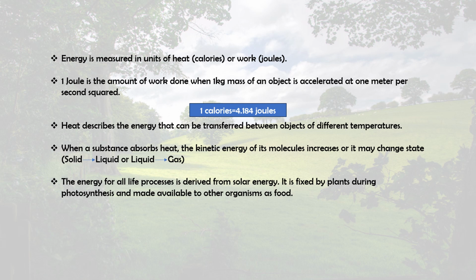And here, heat describes the energy that can be transferred between objects of different temperatures. In ecosystem ecology, we value heat because we get the light energy from sun, and plants produce food using this sunlight.